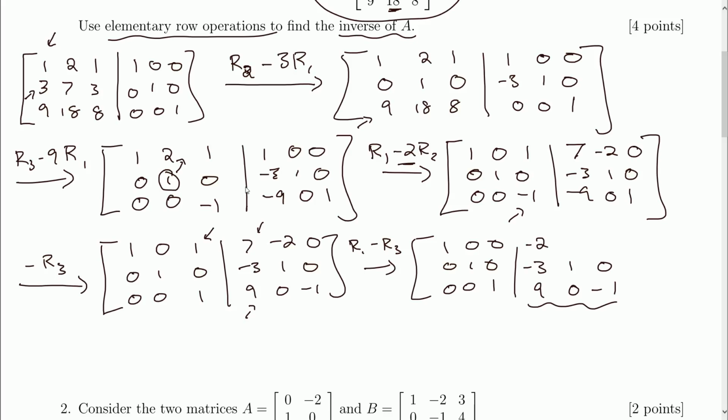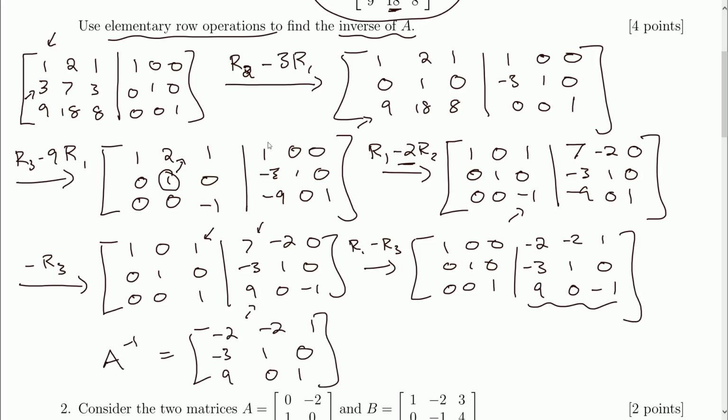Negative 2 minus 0 is negative 2. And 0 minus negative 1 is 1. Okay, so A inverse is negative 2, 1, negative 3, 1, 0, 9, 0, 1.